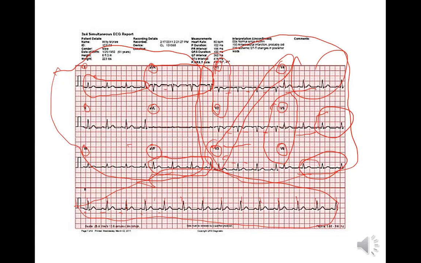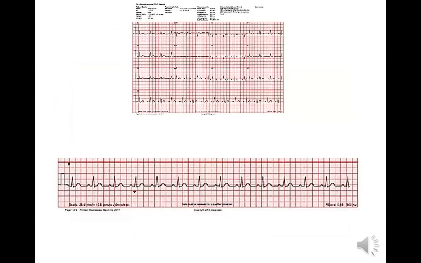The QRS duration should be less than 0.11 seconds. Not even really looking at the T wave much for a while. And this is just the same EKG on top. Get practice with the PowerPoint, and then there's that lead 2 again.